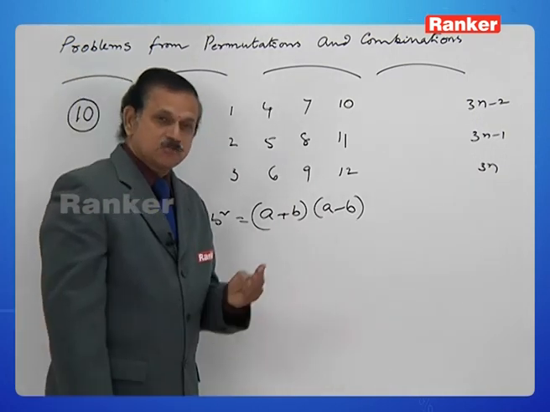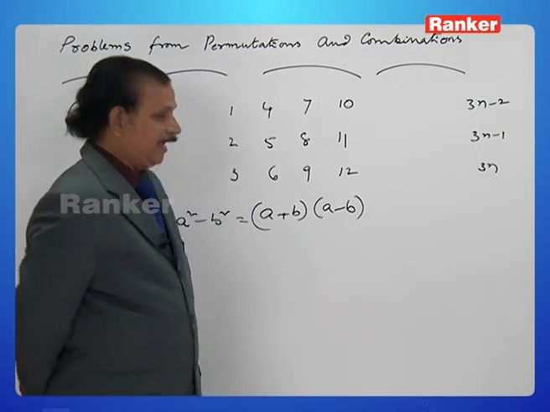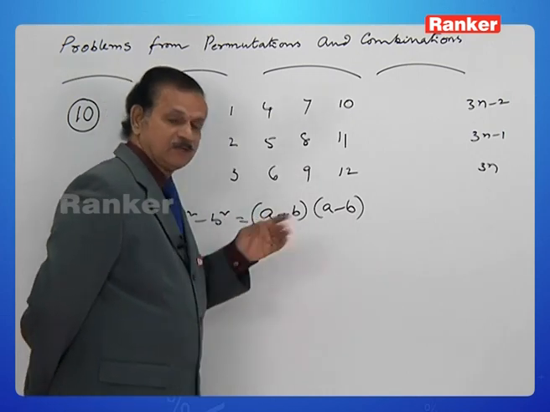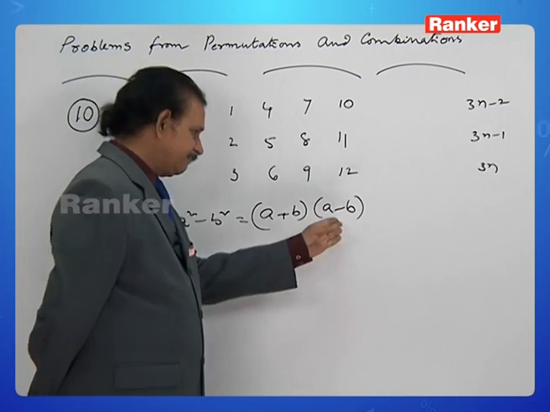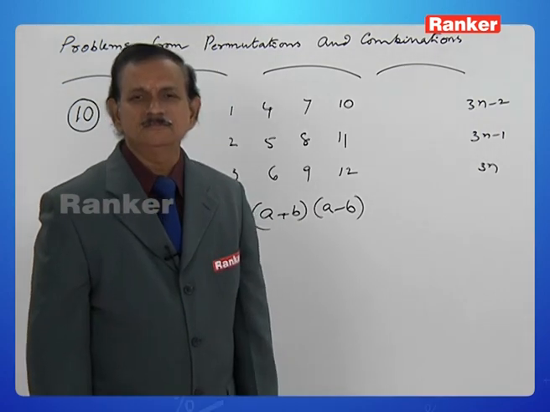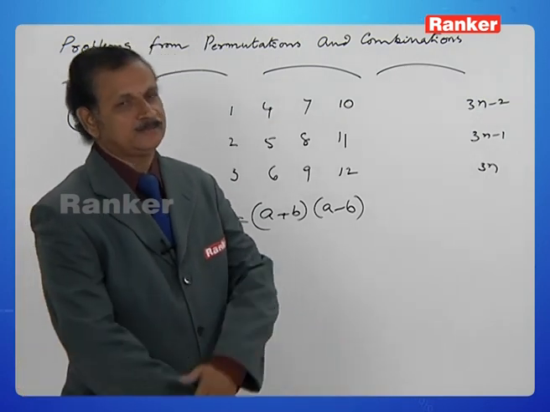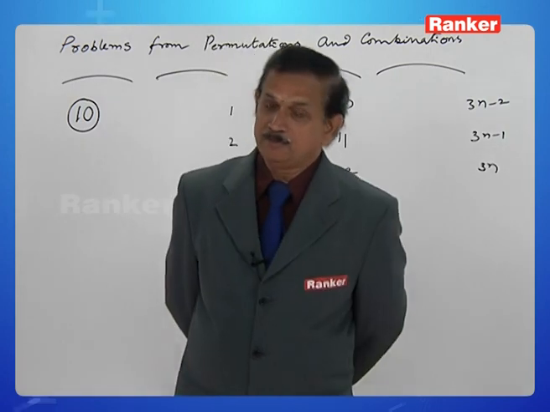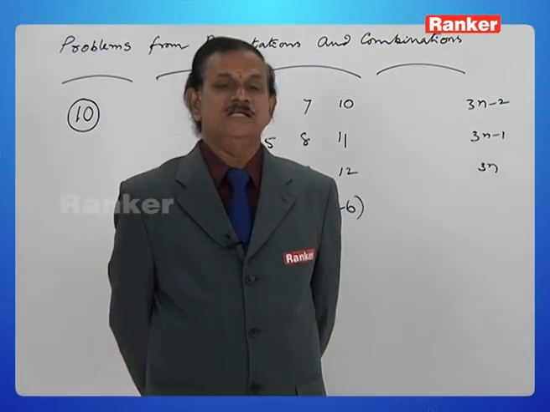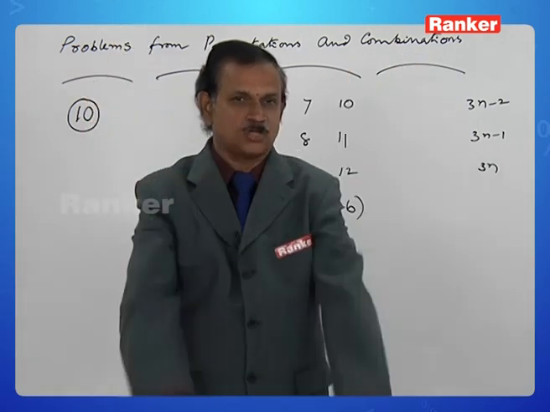You are supposed to choose the two numbers a and b in such a way that either their sum is divisible by 3 or their difference is divisible by 3 or both. That is, a plus b is divisible by 3 or a minus b is divisible by 3 or both. Such a pair of two integers a and b you're supposed to choose.